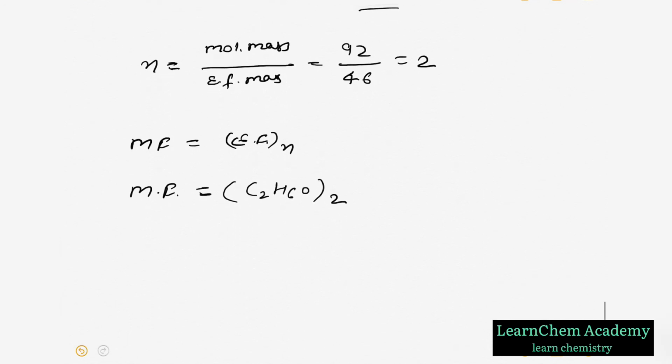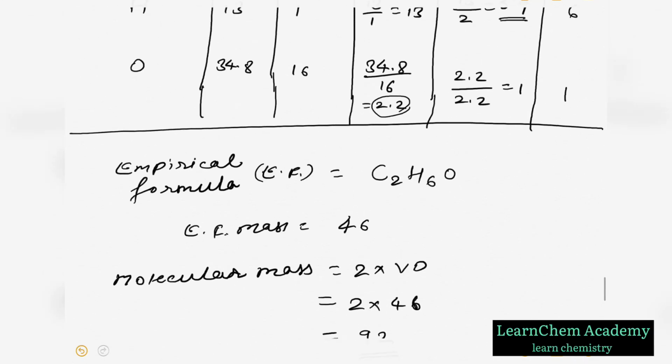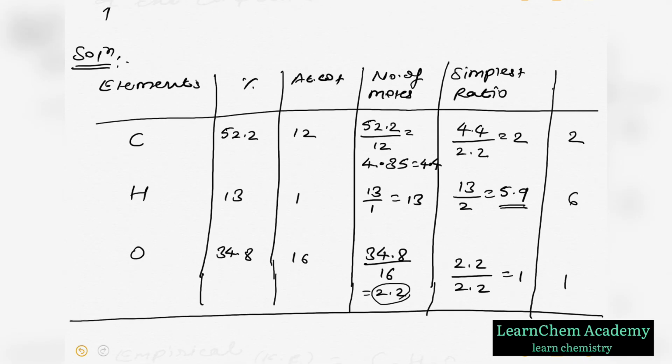So we can write C4H12O2. C4H12O2 is the molecular formula of this given compound. Okay, so this is a very simple way to calculate the empirical formula and molecular formula.